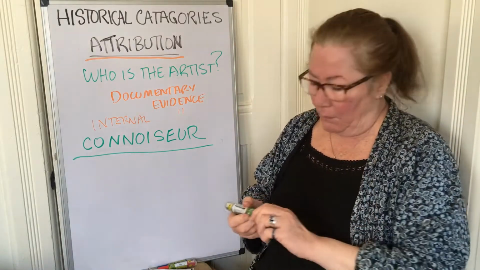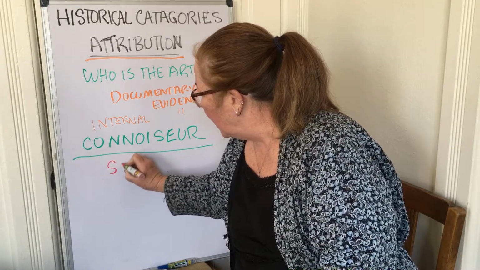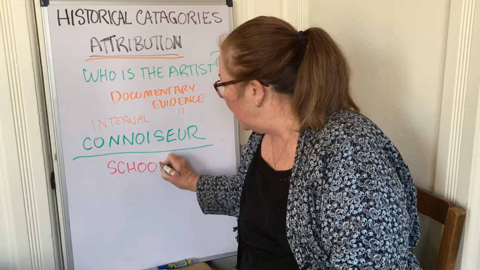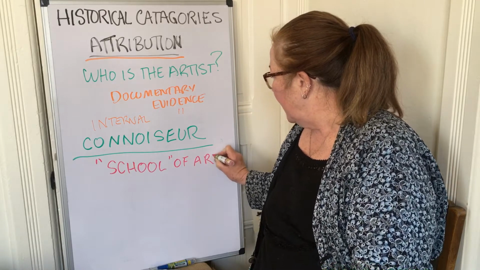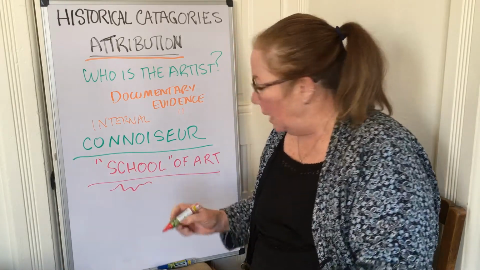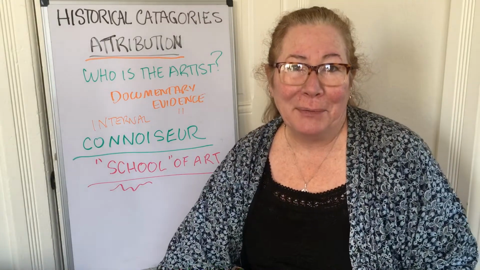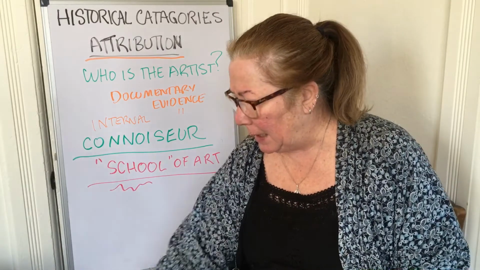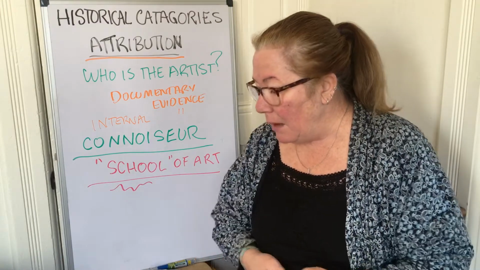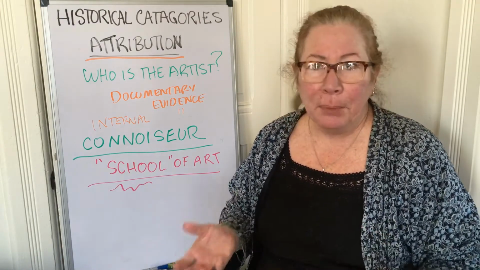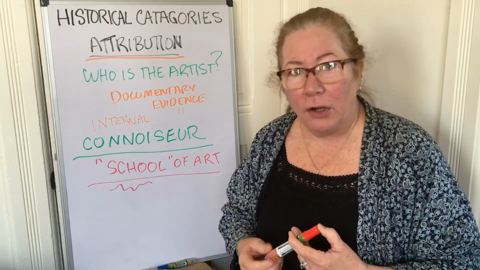And really quickly, there's a term that we're going to be using, a school of art. We talk about a school of art quite a bit in art history. But a school is not like our school, right? It's not like we're sitting in a class and there's a teacher teaching us. It's a term that describes the style and influence of the artists working in the same place, and their effect on each other and their artistic style.